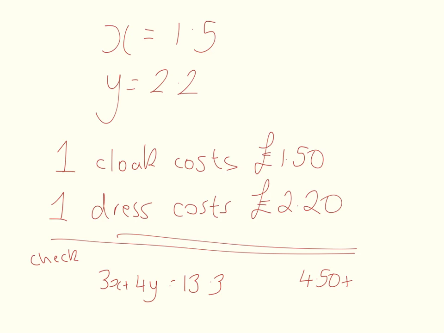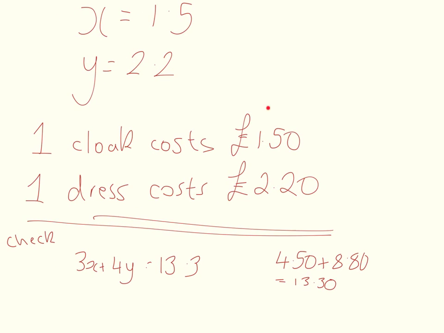If I added on 4 times 220, that would be 880. And if I added those two together, I would get 1330. Okay, so I have substituted these values into equation 2 just to check, and it all worked out.